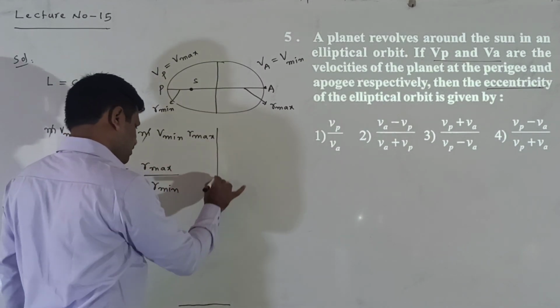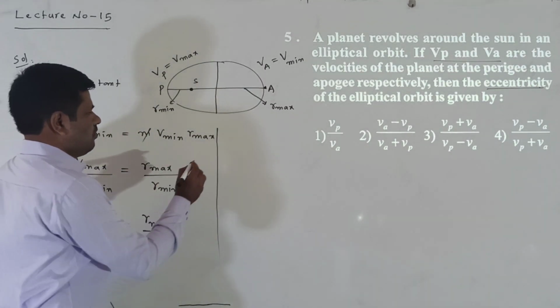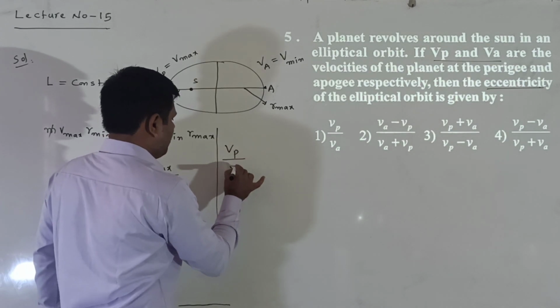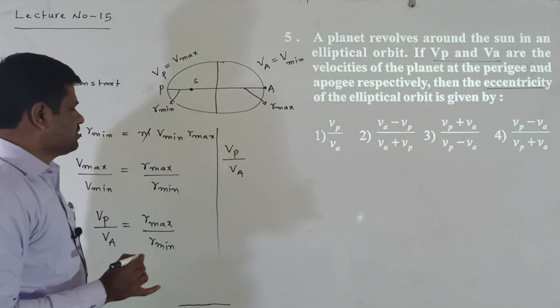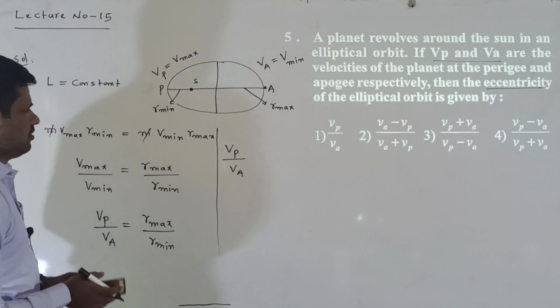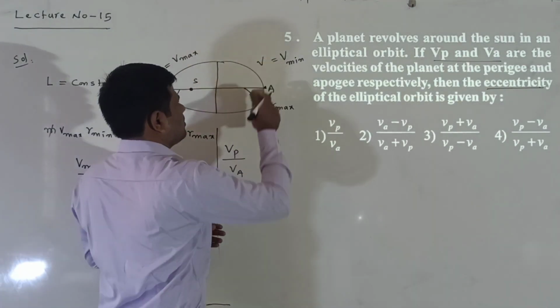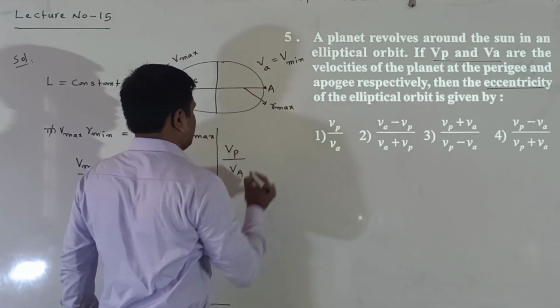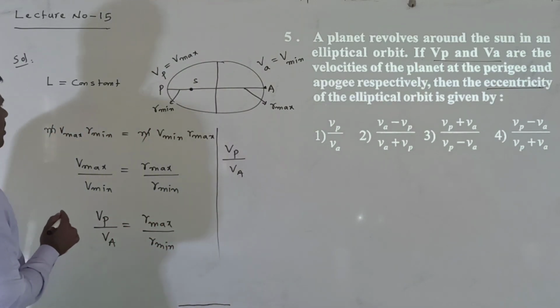So from this, Vp by Va is equal to, since Va is given, we write small a here.